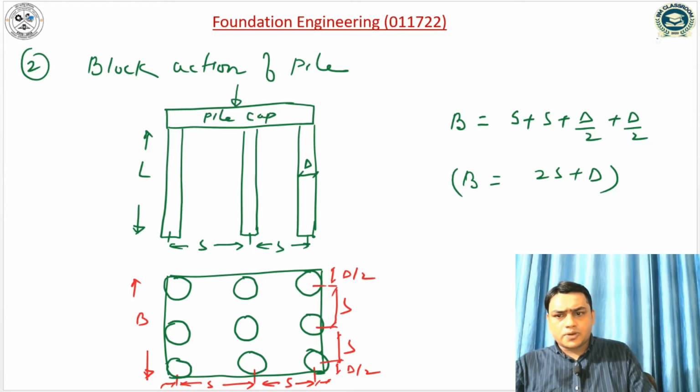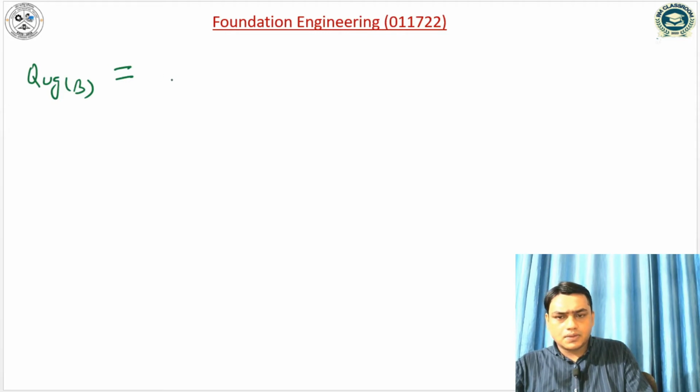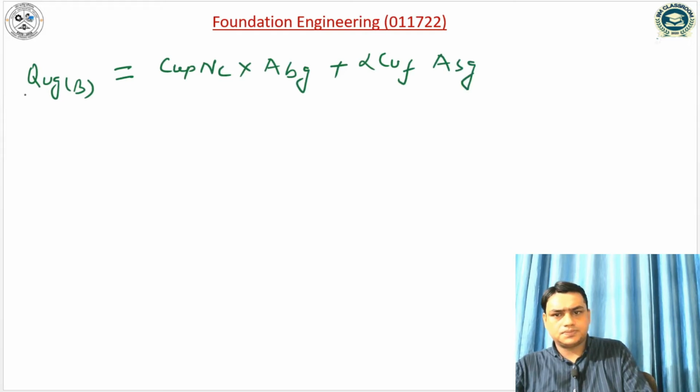So in block action, it can be computed as QUG block is equal to CUP into NC into ABG plus alpha into CUF into ASG.